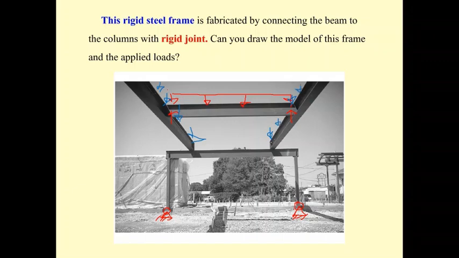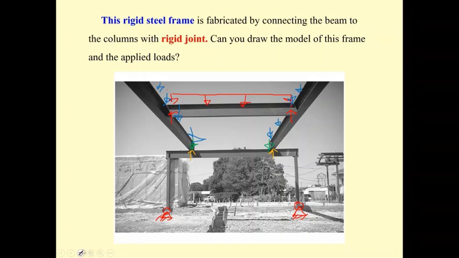And then this uniformly distributed load is going to be supported by the reaction here, and also by the reaction here. And by Newton's third law, the reaction here may be applied again to the beam of the frame.